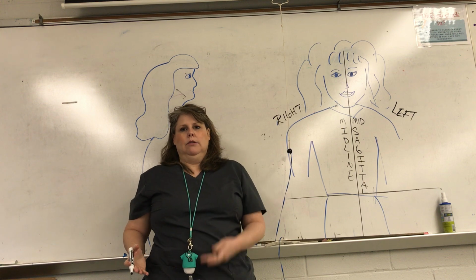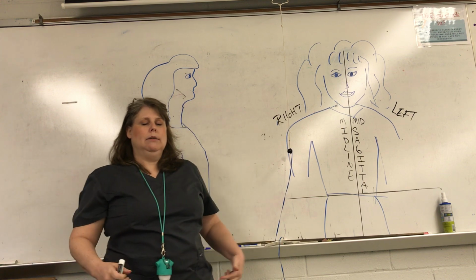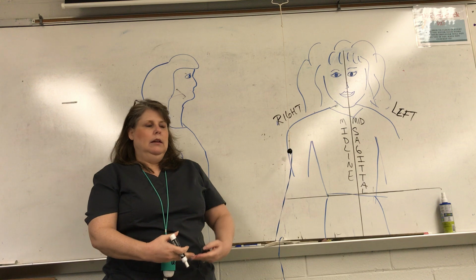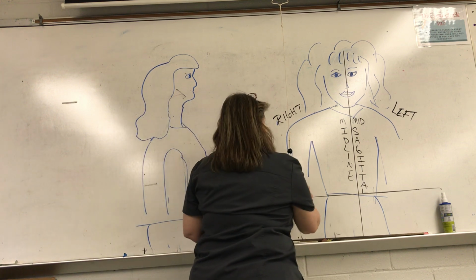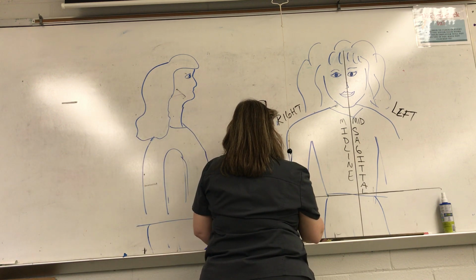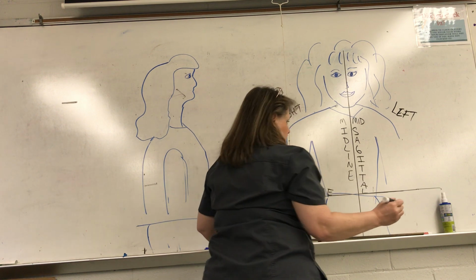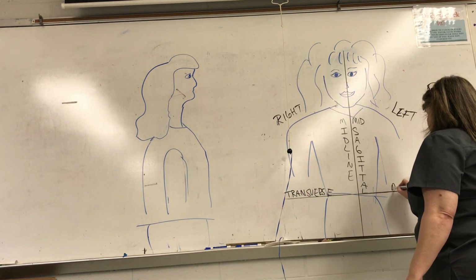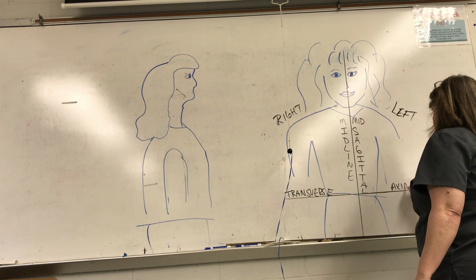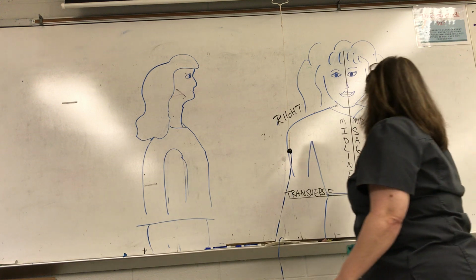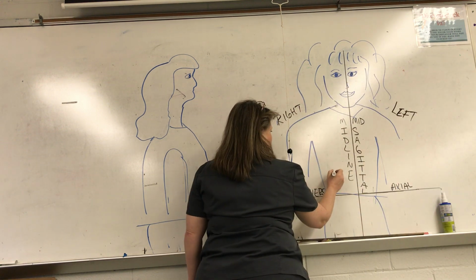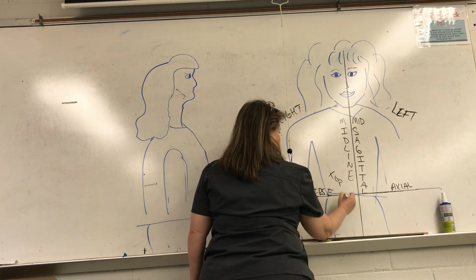Some people's belly buttons are in different places, so it's approximately in the belly button area, and it divides top and bottom, and you may see it called the transverse plane or the axial plane, and it divides top from bottom.